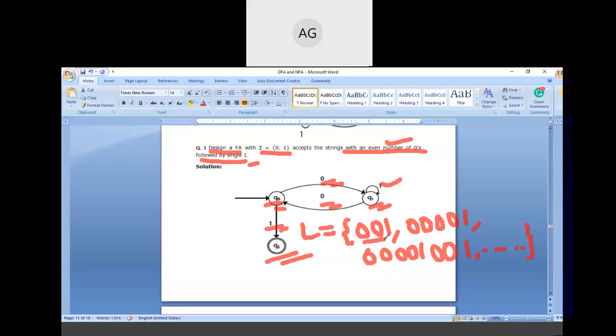Here two zeros are there, here 4 zeros, here 6 zeros, and it ends with a single one. So you need to draw the strings and practice. For such types of languages or machines, you need to practice more and more in order to get the proper language.